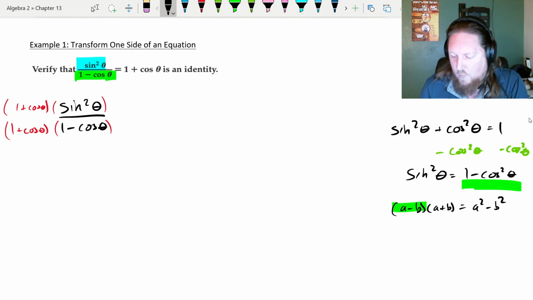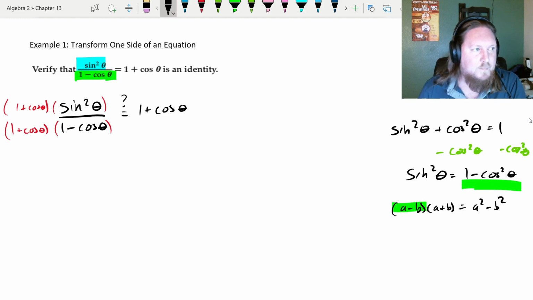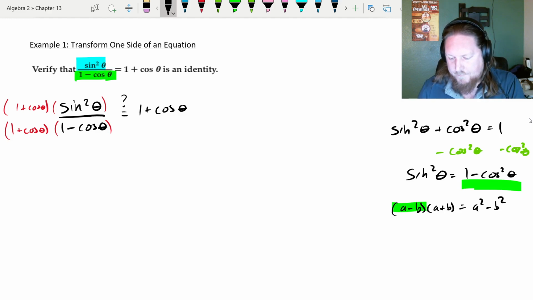And you can, if you want to, write a little question mark over your equation and write 1 plus cosine theta every single time. I always found that to be kind of tedious, so I don't write 1 plus cosine theta every time. I do write the question mark though, and I just leave that one alone for the moment.